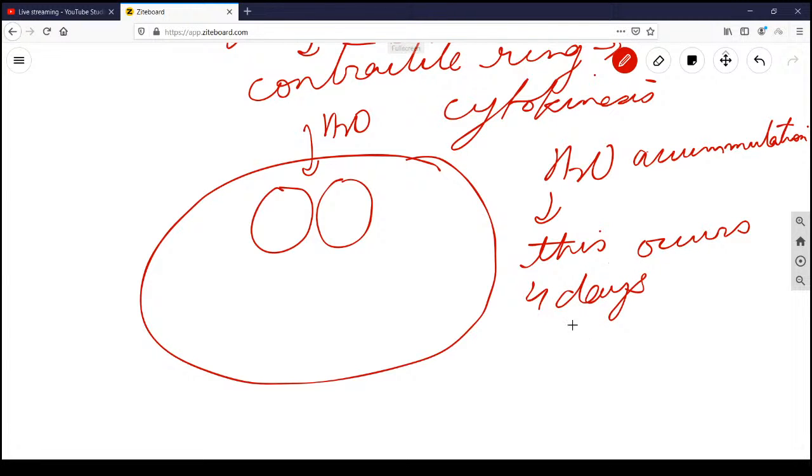Morula formation happens at 3 days only, or after 3 days only.